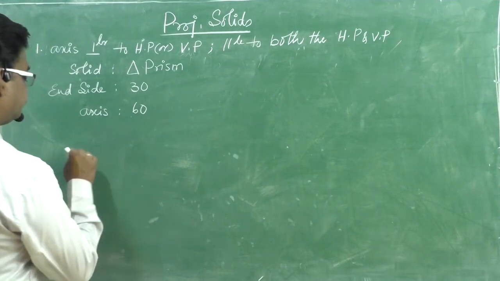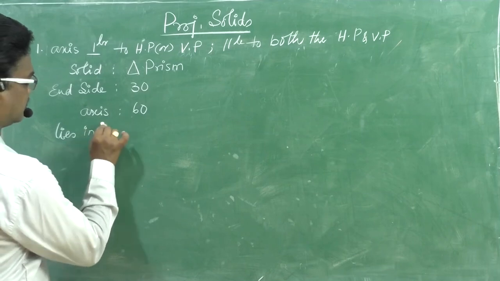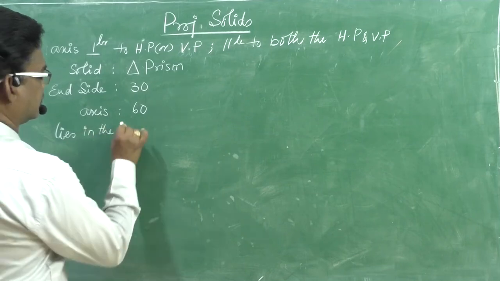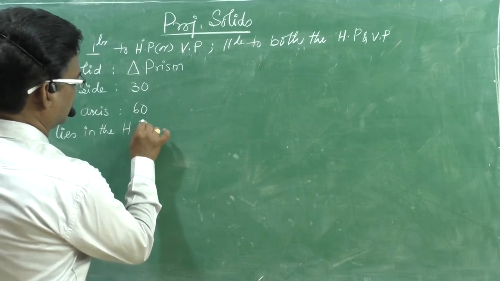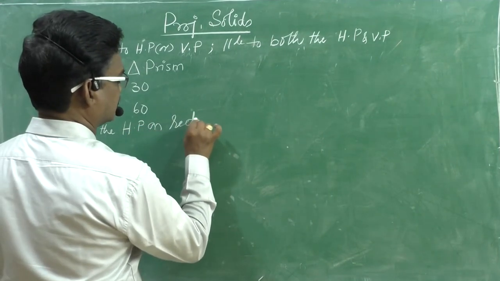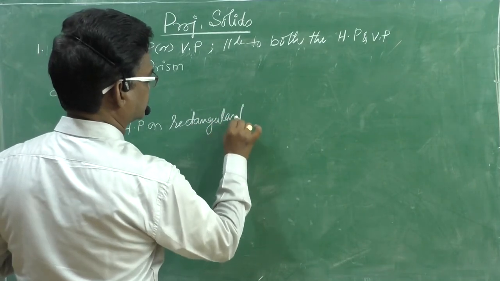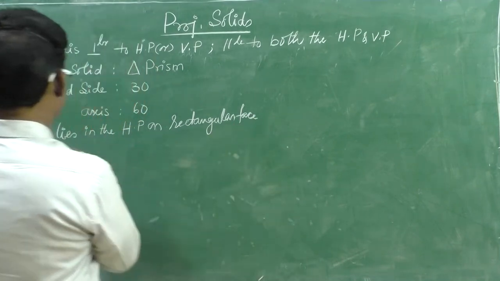Now, it lies in the HP on a rectangular face. That is the first one.